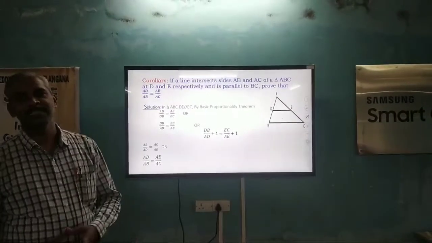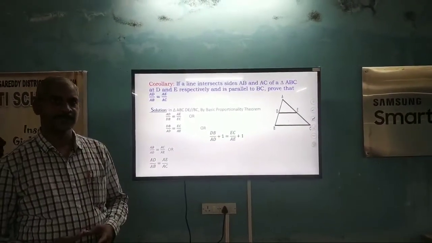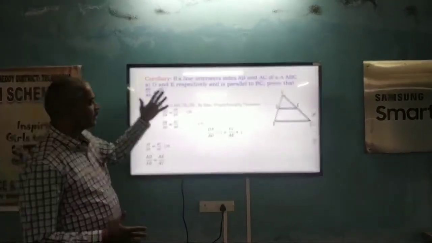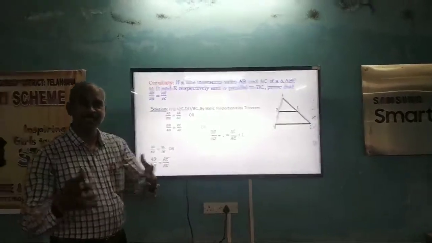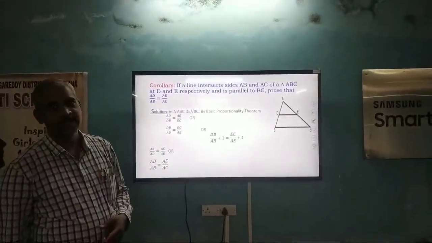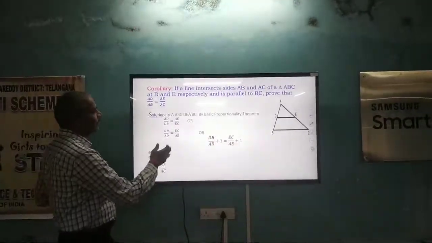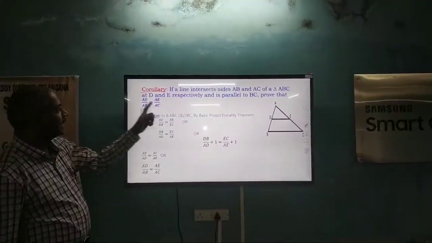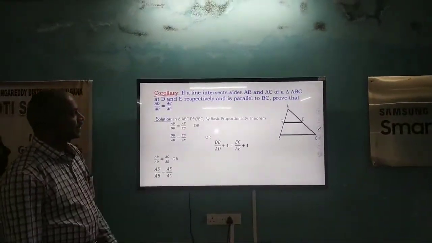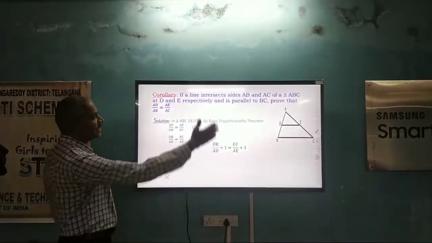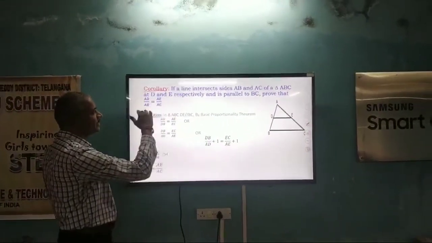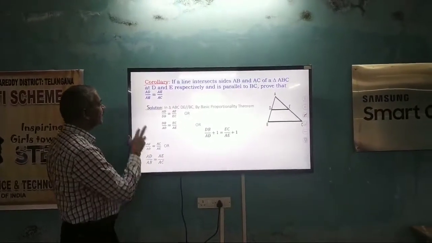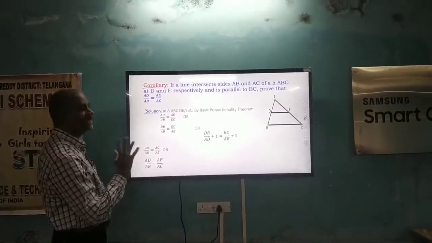By using the basic proportional theorem, we solve problems. This is not a problem, this is an extension of the basic proportional theorem. That means it is a corollary. If a line intersects sides AB and AC of a triangle ABC at D and E respectively and is parallel to BC, prove that AD by AB is equal to AE by AC.